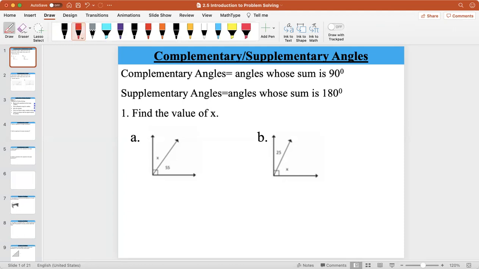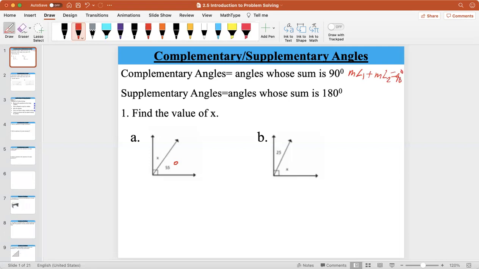In order to find x, we can use our formula for complementary angles. Complementary angles are those angles whose measure, or whose sum, is 90 degrees, okay? And we can put that as measure of angle 1 plus measure of angle 2 equals 90 degrees.